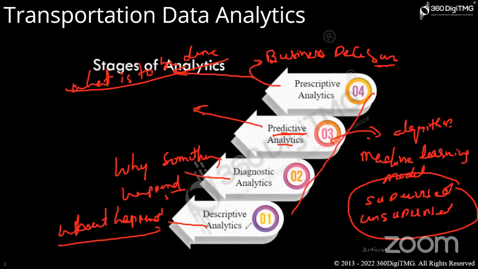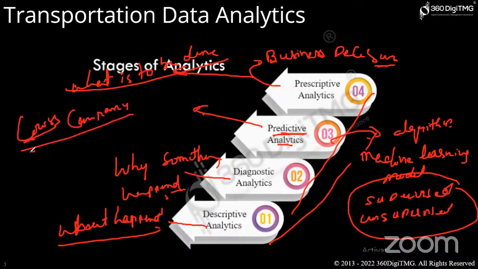Irrespective of any domain, we'll be having the four analytics. Let's say you got some loss in your company. Whenever you're talking about the loss, you will be having historical data.